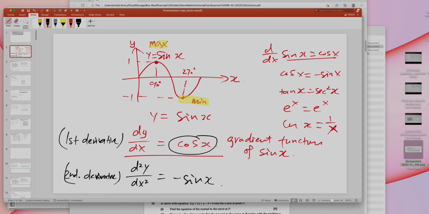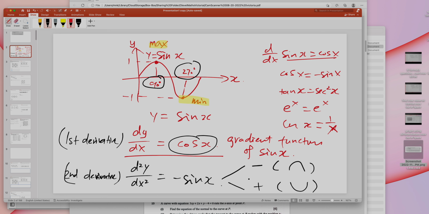So now, how do you know whether 90 degrees is maximum, or how do you know 270 is the minimum? Make use of the second derivative. If the second derivative turns out to be negative, it is a frown, so maximum. If it's positive, it is happy.